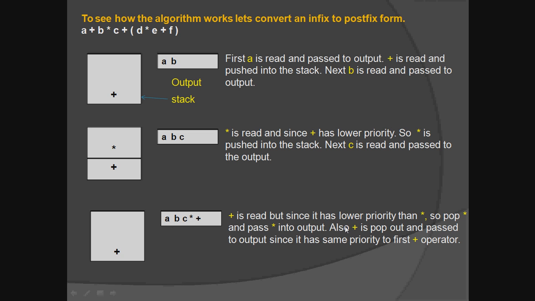Then the plus symbol at the bottom of the stack is also popped. Why? Because we cannot have two arithmetic operators of the same priority. So the multiplication is passed to the output, and then the addition after c is also passed to the output.